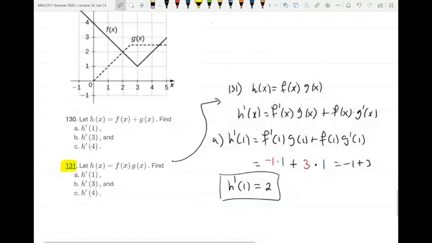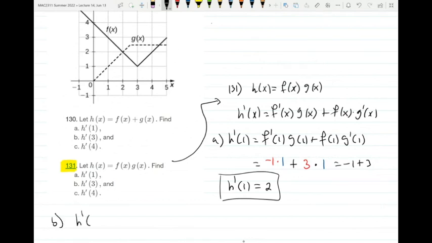Let's try the next one. So remember, we have a formula, just plug in. That's f prime of 3 times g of 3 plus f of 3 times g prime of 3. So who can tell me, what is f prime of 3?